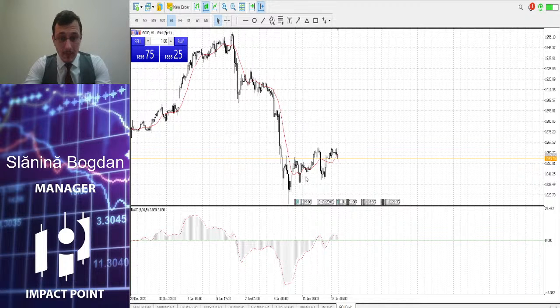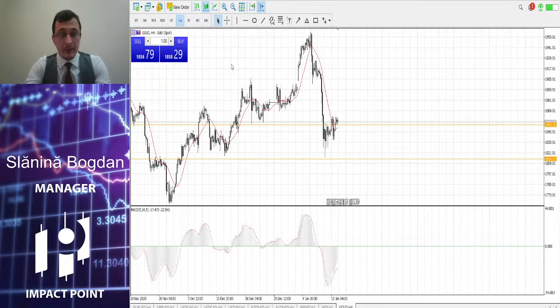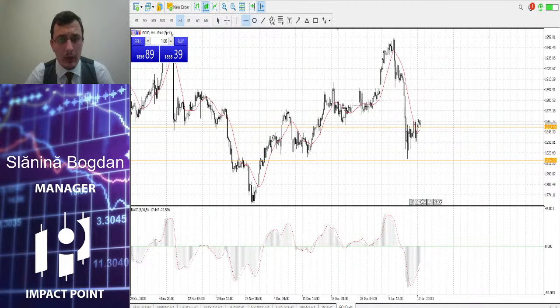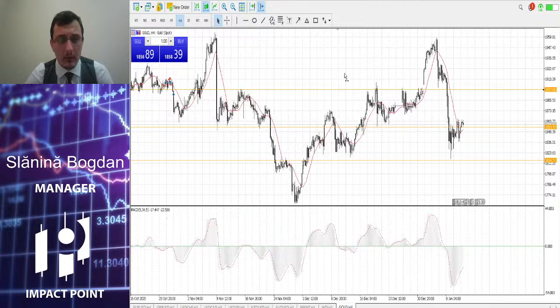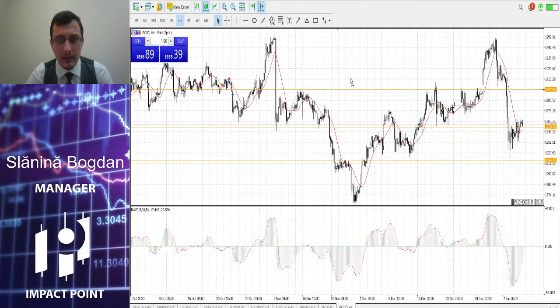But as we can expect after a big drop, we expect a small retracement or even a rise. I don't know up to which level we can have a rise, but we can draw one very strong level here, as we can see.